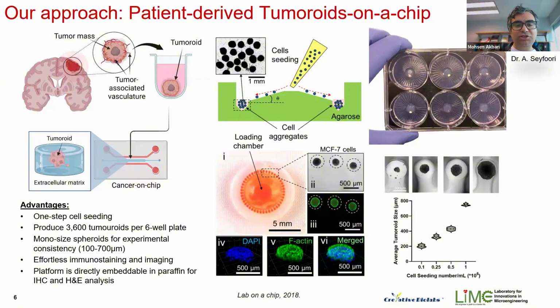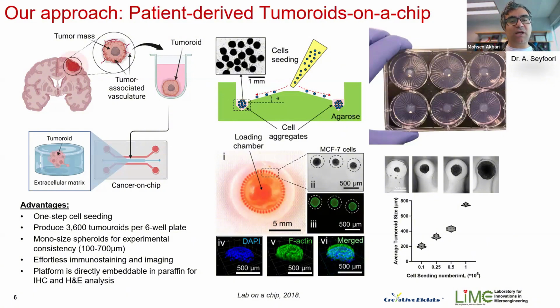So this technology, which we first introduced in 2018 in a publication in Lab on a Chip, with Dr. Seyfouri, who is the co-inventor of this technology, as the lead author on that paper, relies on little microwells that are arranged radially, 3,600 of them in this 6 well plate format, and they're connected to a loading chamber which is located at the center of each of these inserts.